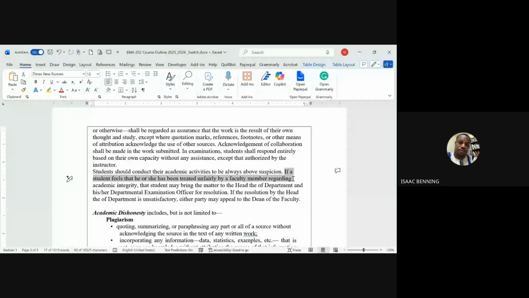And the HOD, if you still feel that you did not get the solution, you can still move to the dean of the faculty. Then if over there too you still feel not comfortable, then you can reach out to the vice chancellor.